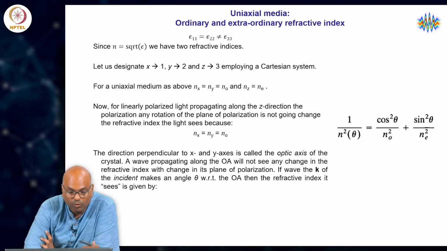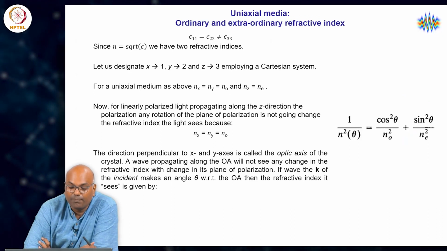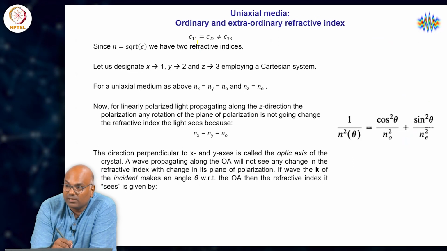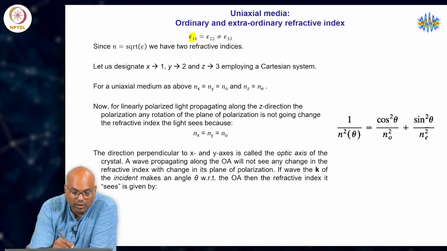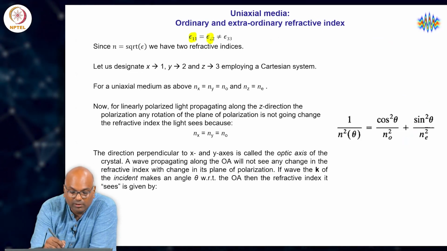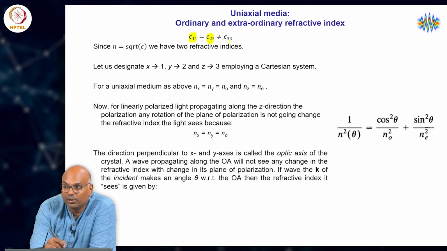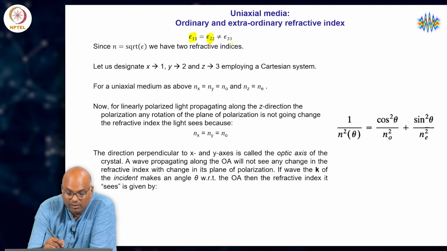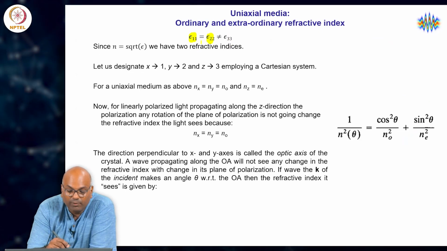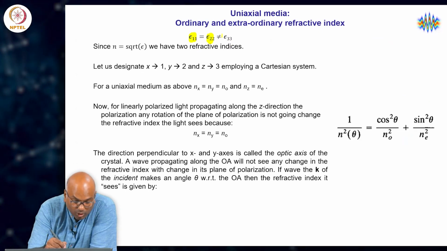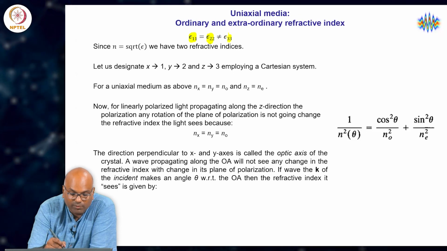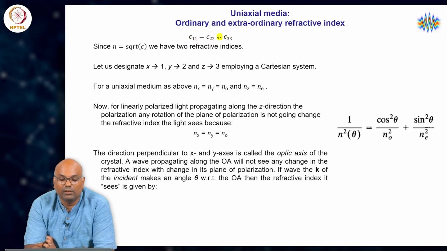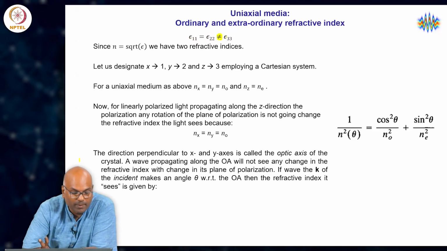Okay. Now, in uniaxial media, once again I emphasize, a pair of the triplet of the components of the epsilon tensor, E11, is equal to E22, which is not equal to E33. That is very important. The not equal is equally important.